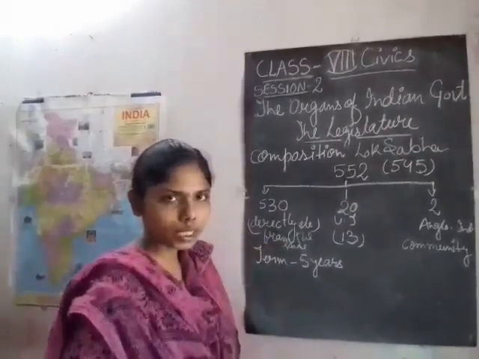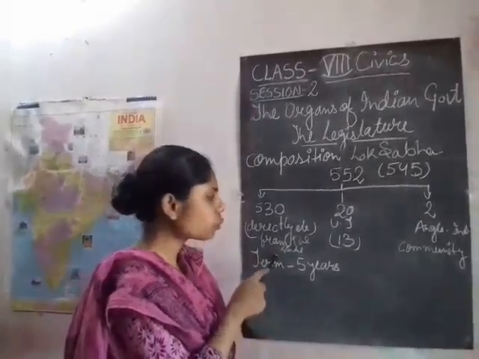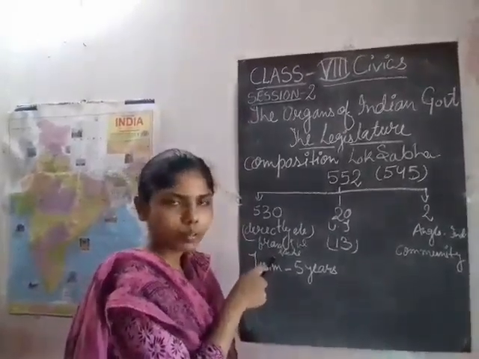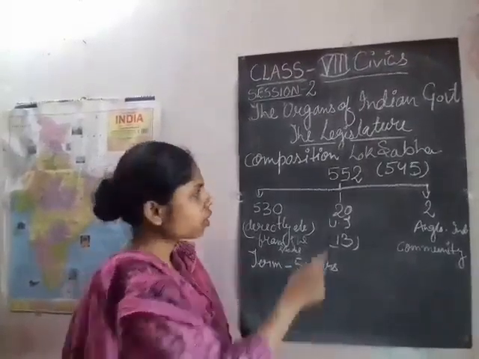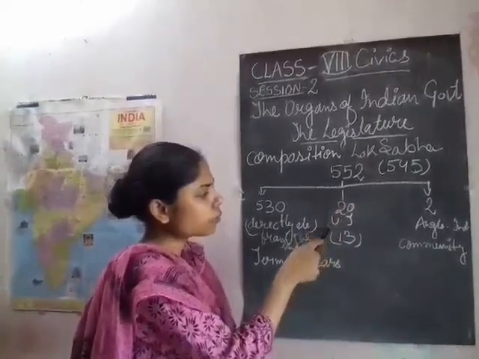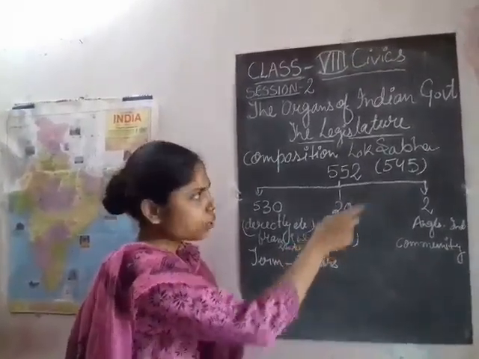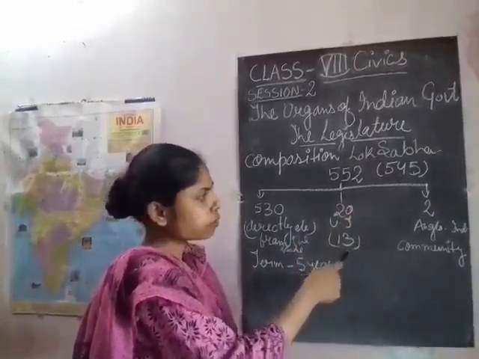Those who are 18 years or above are eligible to elect their member without any discrimination of religion, caste, etc. Out of 552, 20 members represent union territories, but out of 545 it represents now 13 members.